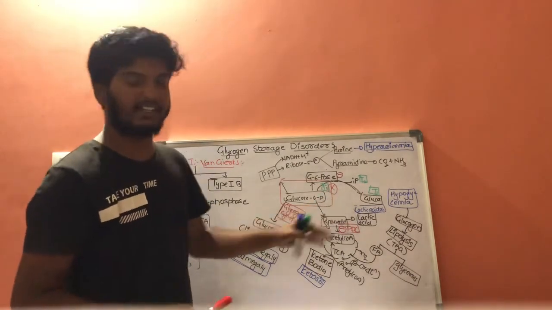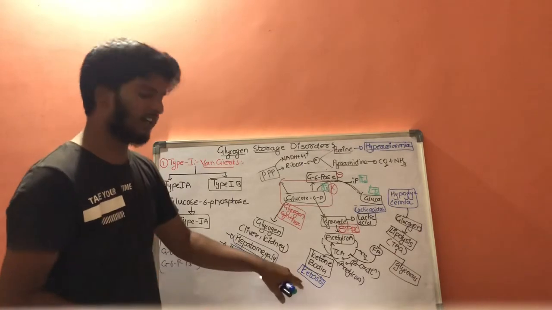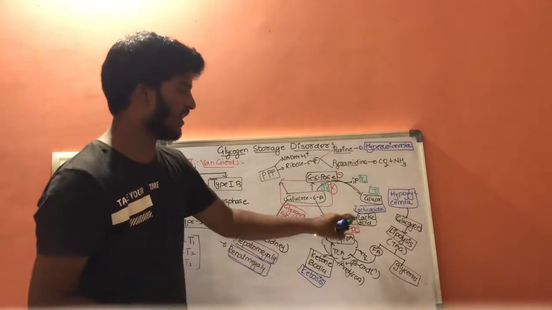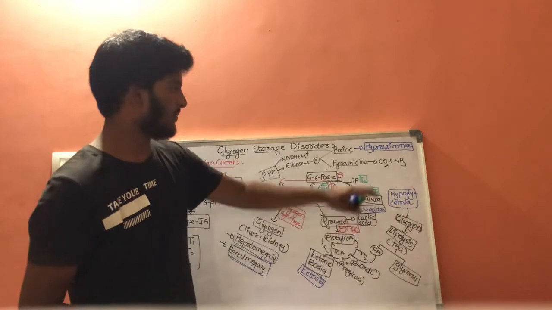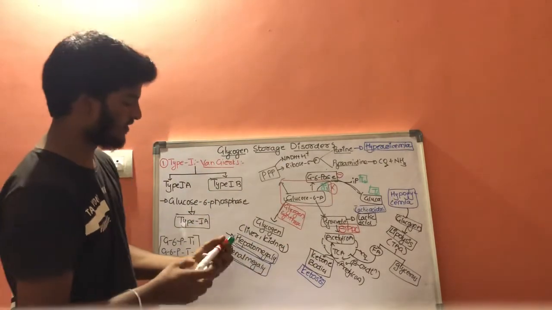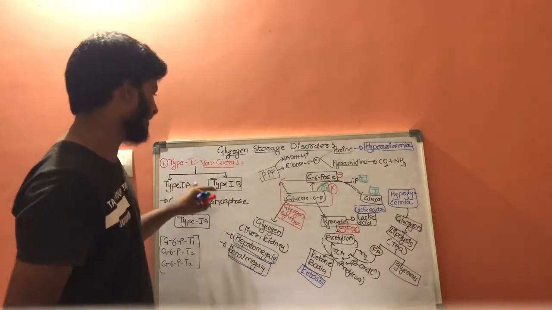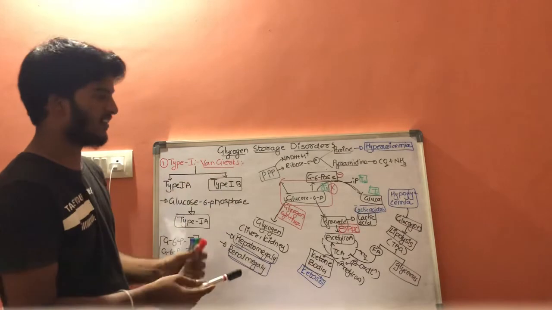Whenever these get affected, ultimately these are the same conditions, that is hepatomegaly and renomegaly, ketosis, lactic acidosis, hypoglycemia and hyperuricemia. These are the conditions, and additional to this there is one more important symptom of this type 1b of Von Gierke disease.